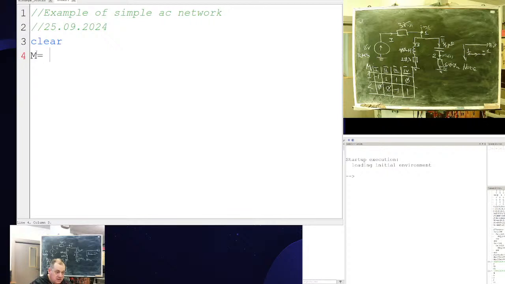Now, what am I writing? My M matrix. Minus 1, 1, one more 1, 0. And on the second row, 2 zeros, minus 1 and 1.